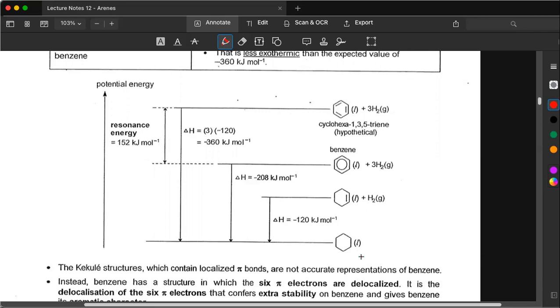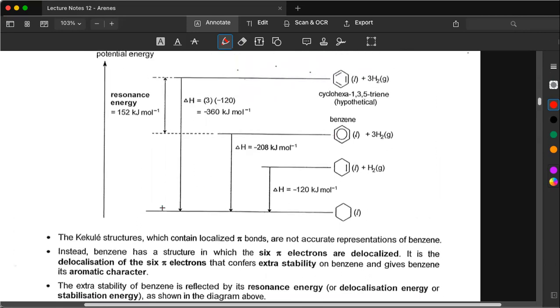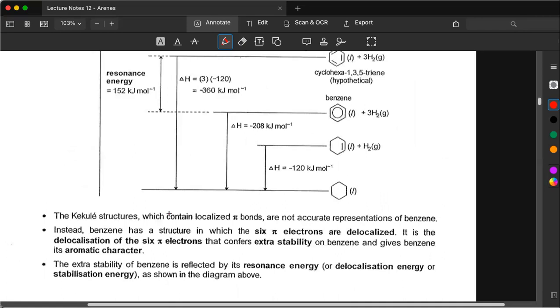So this diagram shows the potential energy of the different proposed structures as well as benzene. The Kekulé structure, which contains localized pi bonds, meaning they are fixed, is not an accurate representation. Instead, benzene has a structure in which the 6 pi electrons are delocalized.